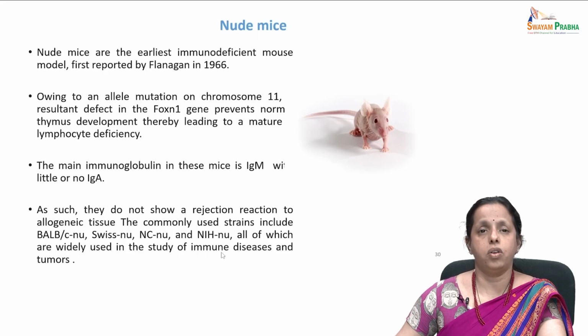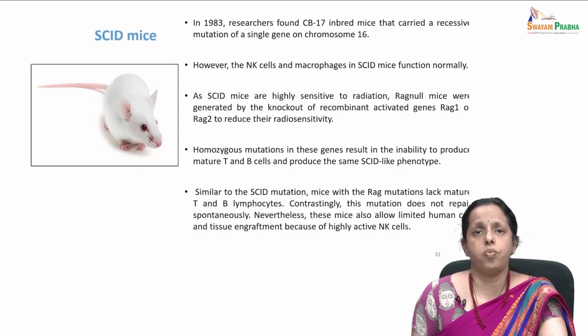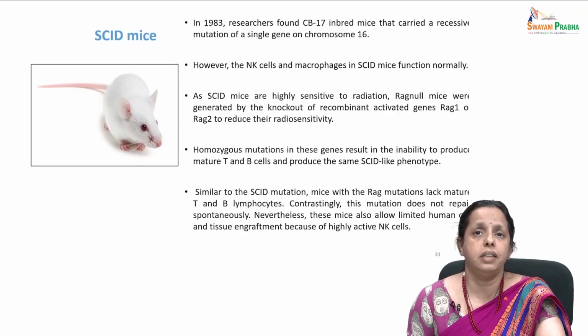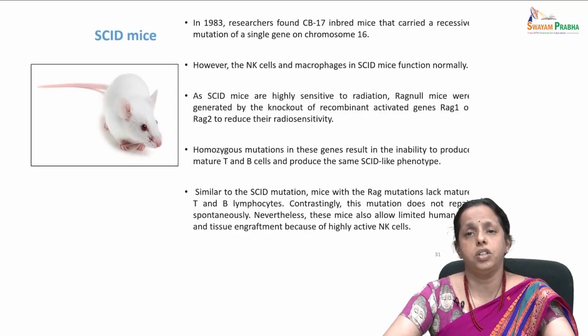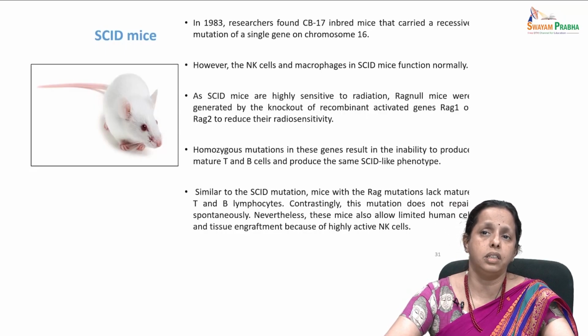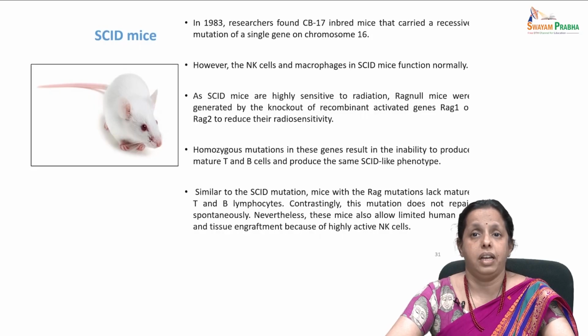So, there are several commonly used strains as listed here. Some researchers found the CB17 inbred mice, which carried a recessive mutation of a single gene on chromosome 16, which led to abnormal recombination enzyme activity of the sequence encoding the mouse lymphocyte antigen receptor gene VDJ, due to which the T and B receptors could not be synthesized effectively.